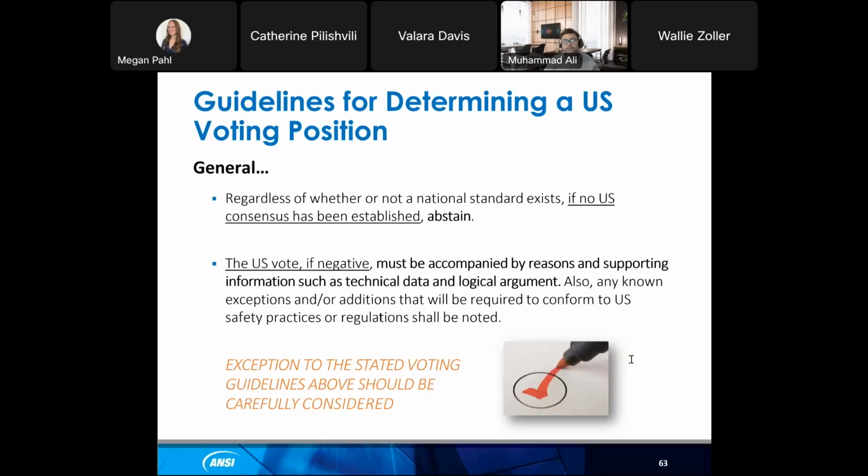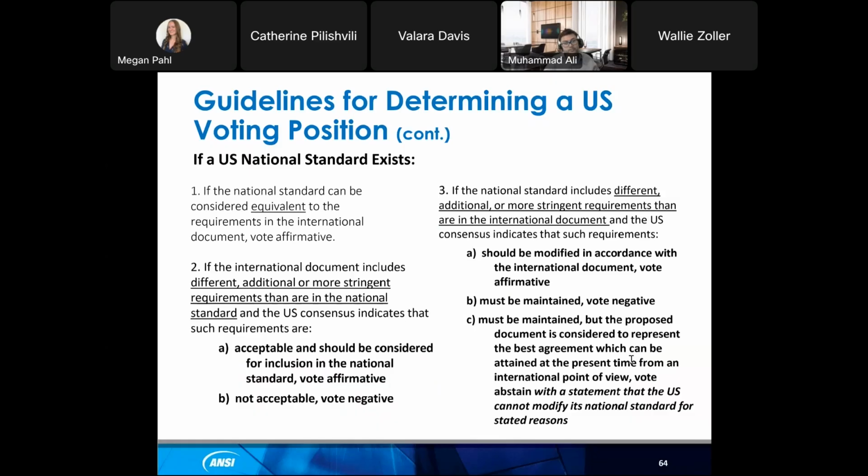If we move on to the next slide, if, however, a U.S. national standard does exist and can be considered equivalent to the requirements of the international document, then you vote affirmative. If the international document includes different, additional, or more stringent requirements than what's in the national standard, and the U.S. consensus within the tag indicates that such requirements are acceptable, then you vote affirmative.